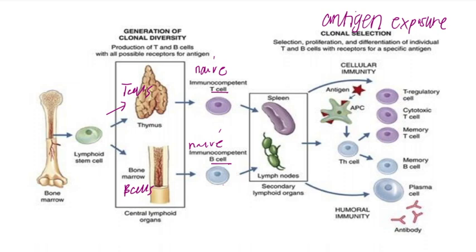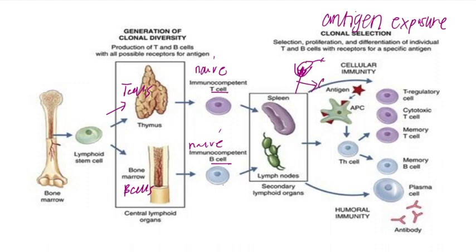So clonal selection comes in when antigen exposure happens. What happens then is we get multiple types of T cells, and we get 2 types of B cells. This is called clonal selection. So this is proliferation and differentiation of the individual B and T cells with those receptors. So let's say we have a little bacteria that we get exposed to, that T cell or B cell receptor comes in here, that epitope recognizes it.